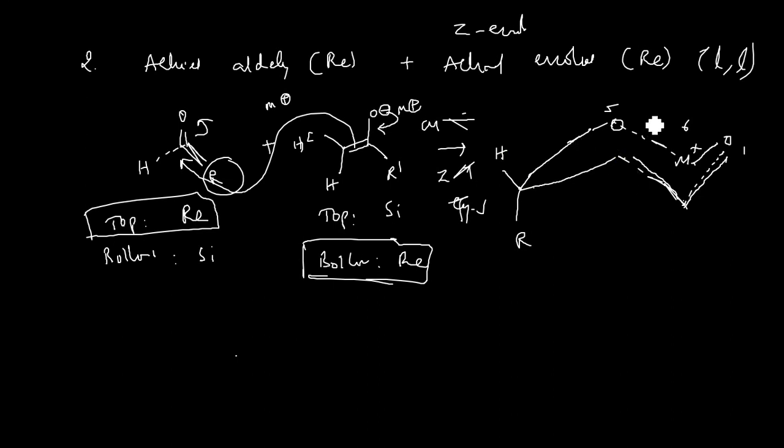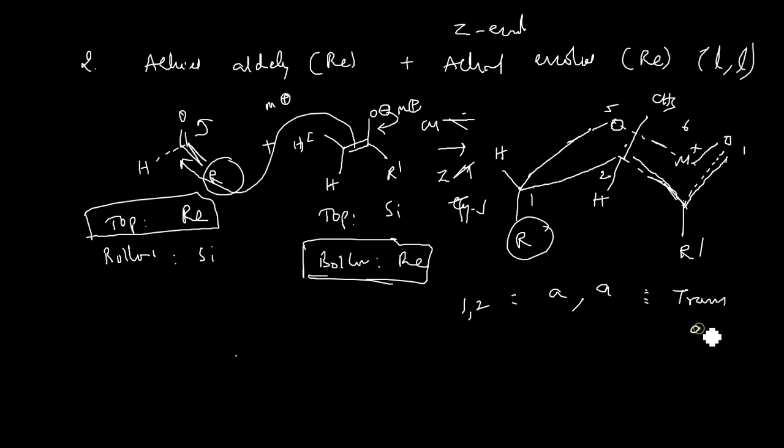In this position the methyl is axial and H is here, and in this position R. Again, consider the first and second: the alkyl is present axial, and this methyl is present axial. So in the chair conformation, the 1,2-diaxial is always trans. That means it is anti. And if you observe the 1,3-diaxial interactions, there are more steric repulsions in this transition state.